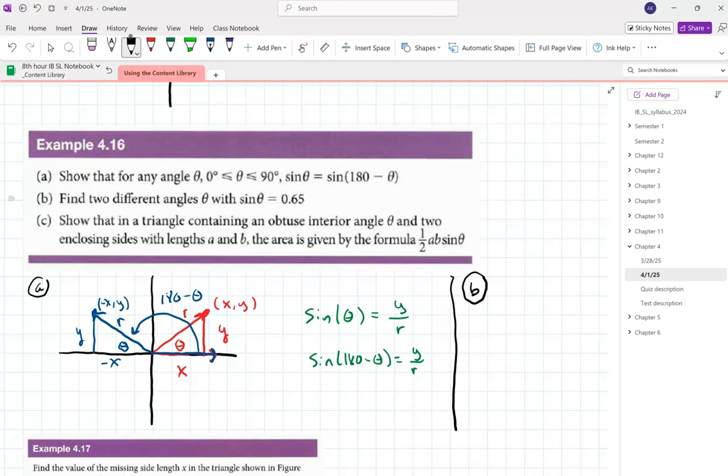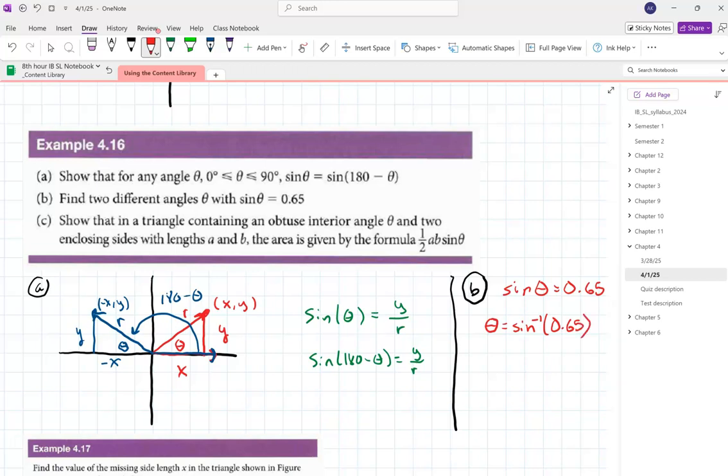So part B says find two different angles theta where the sine of theta equals 0.65. Well, I'll just start by finding one. How would I solve that for theta? Yeah, so sine inverse is the name of that reverse operation, right?